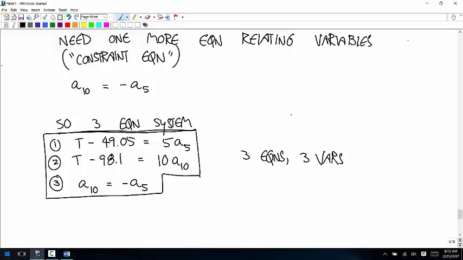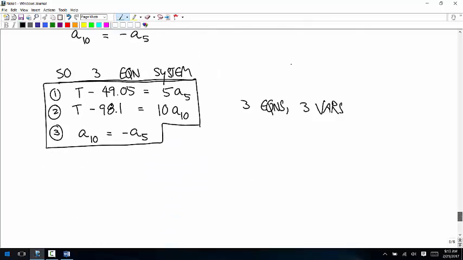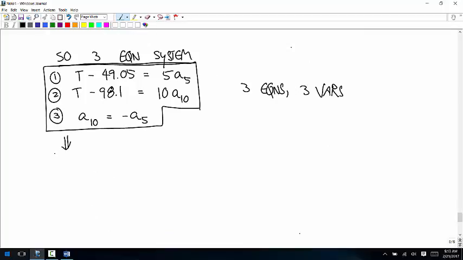And you can just solve that by substitution. We'll put negative a5 in for a10. So this is going to give us T minus 49.05 is equal to 5a5. The second one says T minus 98.1, I'll substitute in equation 3, and that gives us negative 10a5.